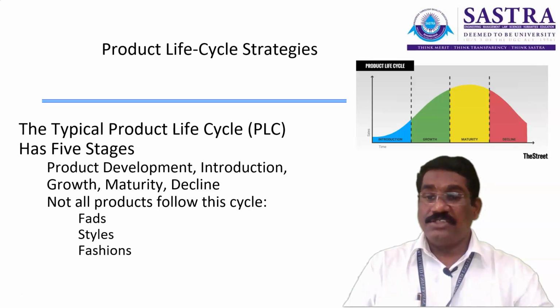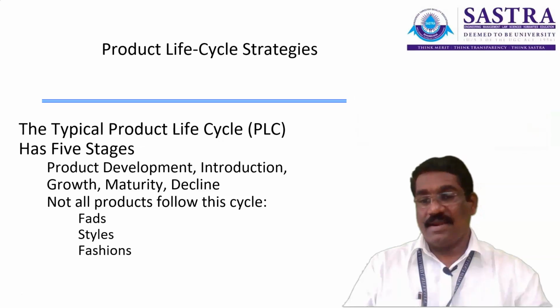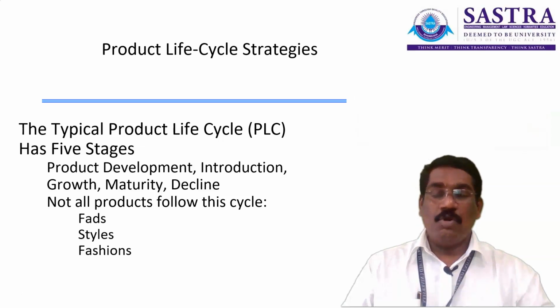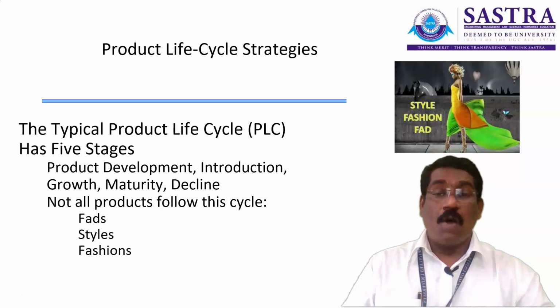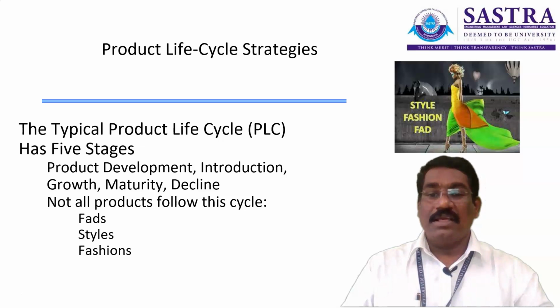We have the growth stage, followed by maturity and decline. Like the human life cycle, a product also has certain life cycle stages. So marketers try to use appropriate marketing strategies on each stage of their product life cycle.